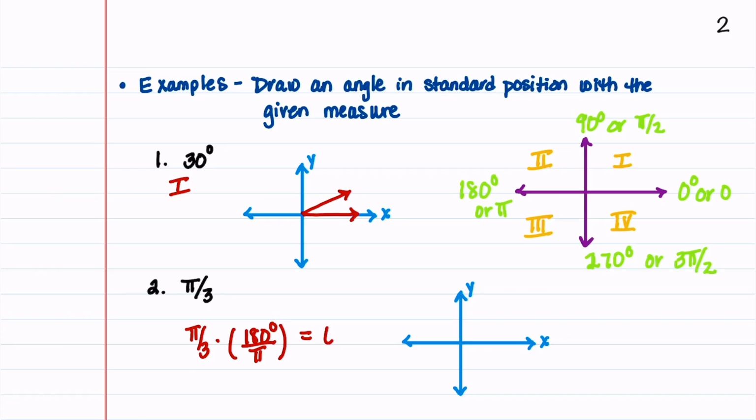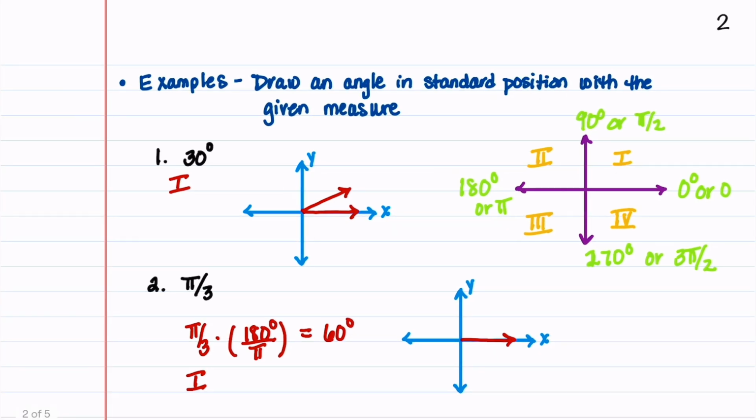So this gives us 60 degrees. We can now note that this is in our first quadrant, and we'll draw it. We begin again with the initial side, and then the terminal side goes up here because we have 60 degrees.